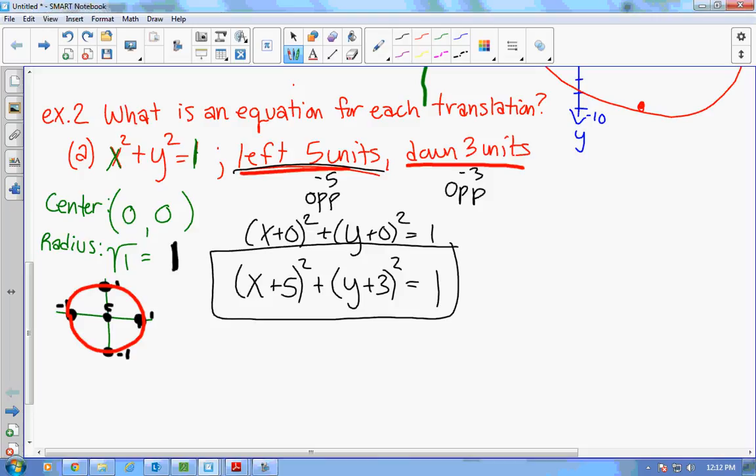And if we graphed it, the circle now has a center at negative 5, negative 3. It's just been shifted over here, but still the same size, though I didn't draw my scales the same. This circle was just shifted to the left and down. The answer it wanted was the new equation with the shifting included.